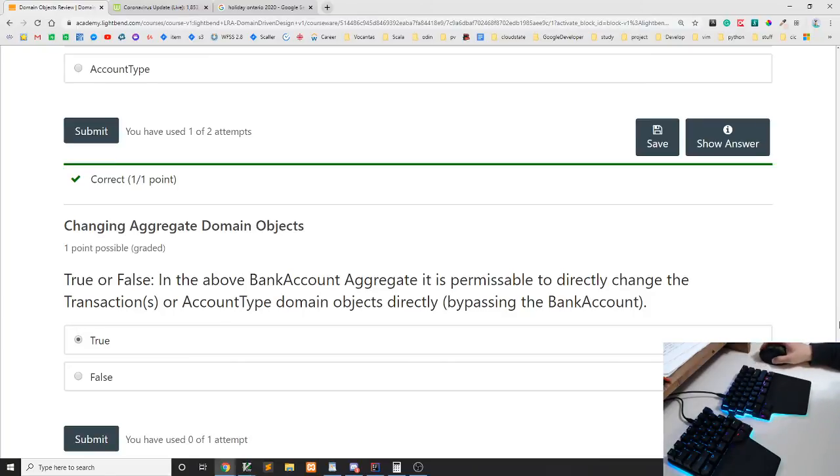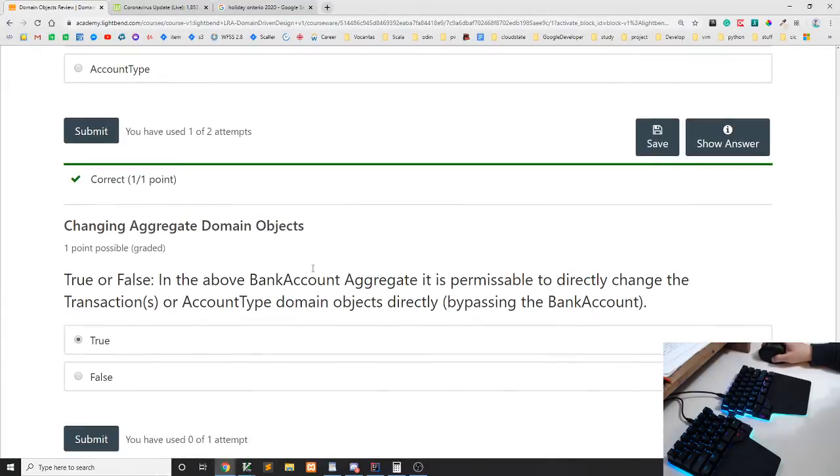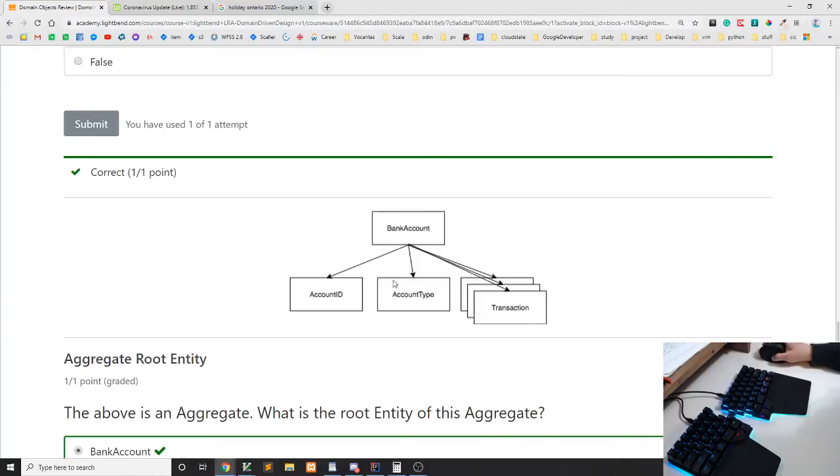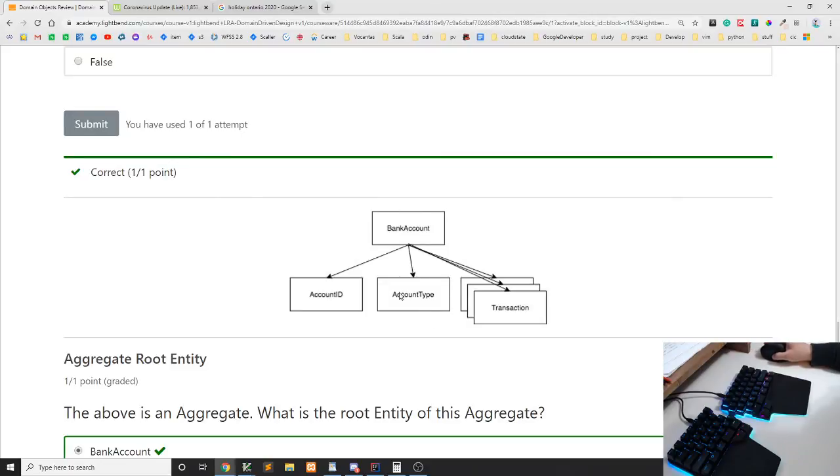No, of course, that information only belongs to the bank account itself. So, for example, if you're trying to change the account type of this bank account, we need to go through the bank account and change it.